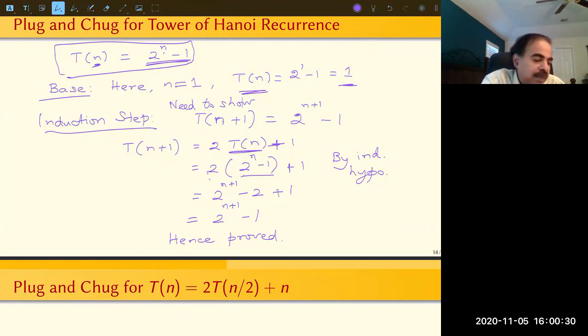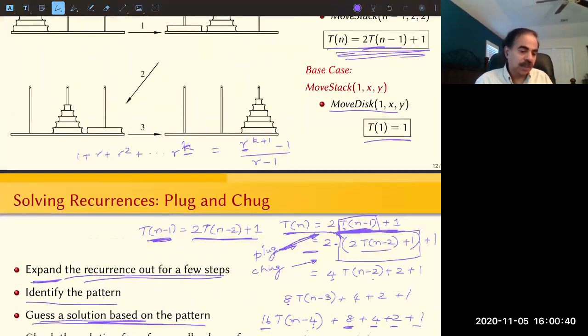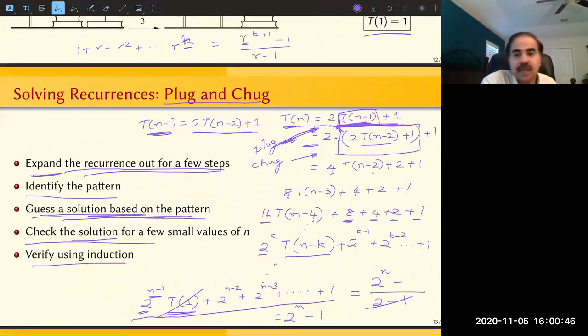So these types of induction proofs are going to be quite straightforward, and so I don't think it's going to be a big difficulty for you. Most of the time, the difficulty of using plug and chug is in this pattern recognition, right?